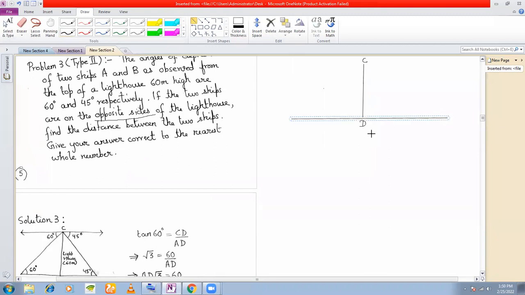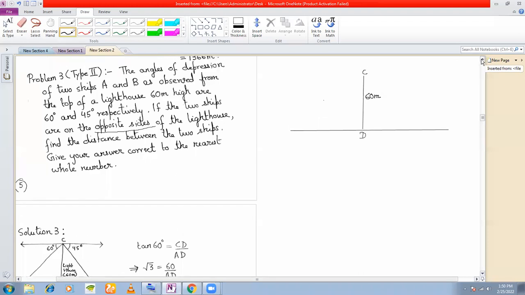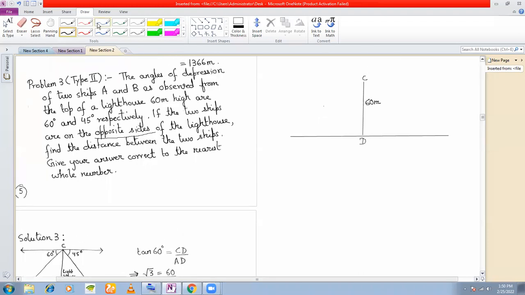Now you see that the angle of depression of two ships A and B as observed from the top of the lighthouse 60 meters high, which means that the height of this lighthouse is 60 meters. Now the angles of depression are given here. Two ships which are on the opposite sides of the river or the sea. So you have, let's say, one ship over here. Let's say call this A, and let's say I have another ship, let's say here B.